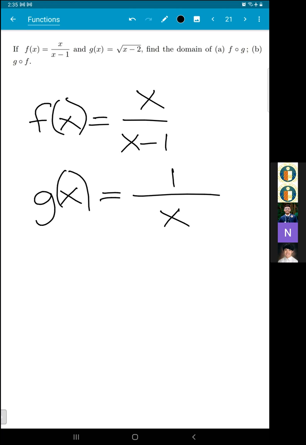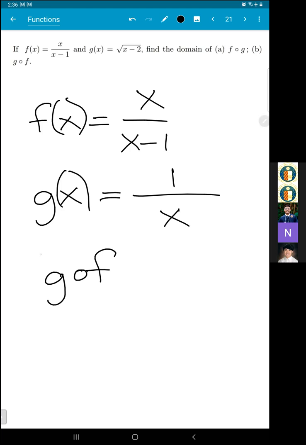Now, I gave this so that you can see that sometimes you cannot get the domain simply by simplifying the composition right away. So let me explain what I mean. Suppose I want you to find the domain of, say, g of f. The tendency is, of course, to first evaluate g of f.